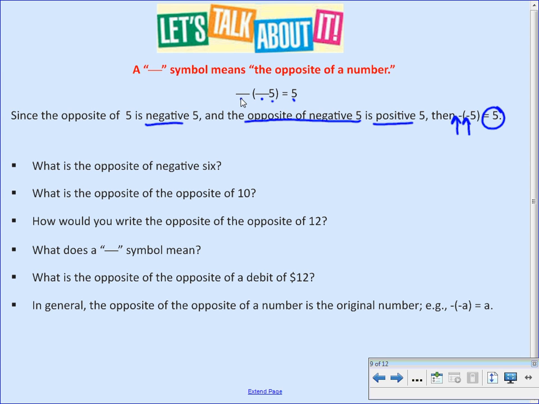So what is the opposite of negative 6? What is the opposite of the opposite of 10? 10. How would you write the opposite of 12? Everybody? What does this symbol mean?